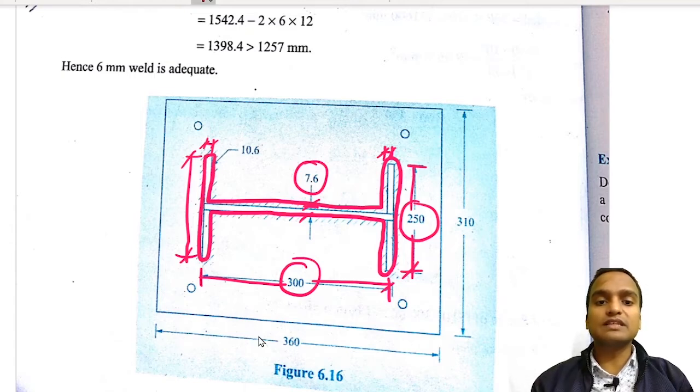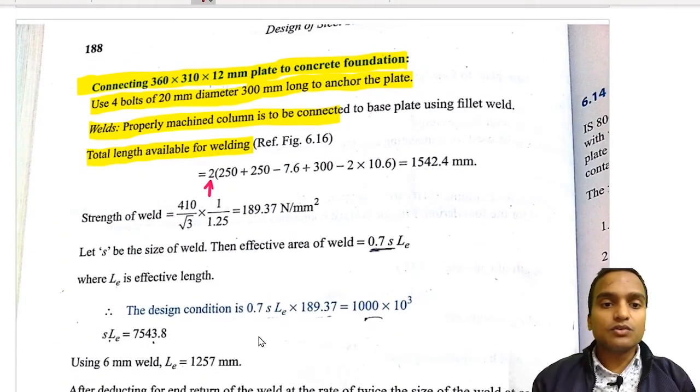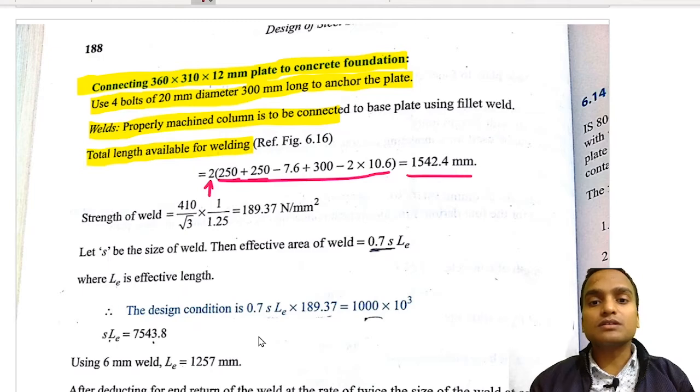So if you see, we are going to multiply by 2 because we have considered only one side. If you consider only one side, you can write here 250 plus 250 minus 7.6, and this is also multiplied by 2, plus 300 minus 2 into 10.6, and all this value is finally being multiplied by 2, and we can check this is the total length available for welding.